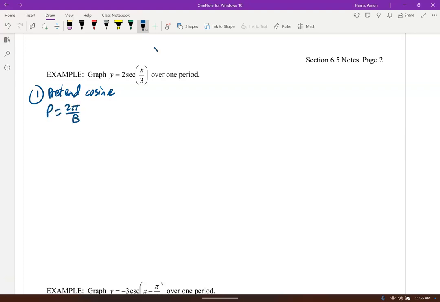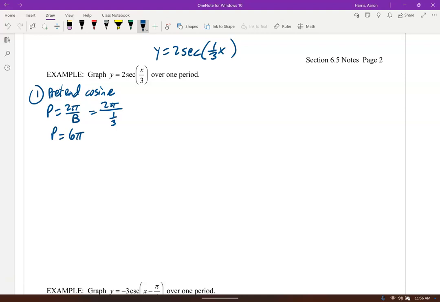My b here is 1/3, x over 3. So my period here is 2 pi over 1/3. Well, flip that over, 3 over 1, top and bottom, I got 6 pi. So my period is 6 pi. So this is a horizontal stretch. It'll take us up to 6 pi to do that.